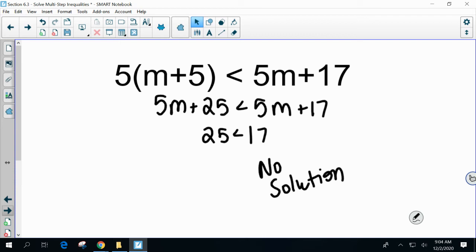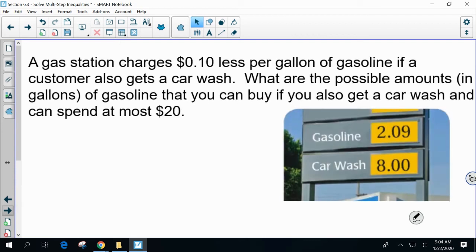Okay, so let's look at the last one. A gas station charges 10 cents less per gallon of gasoline if a customer also gets a car wash. What are the possible amounts in gallons of gasoline that you can buy if you also get a car wash and can spend at the most $20?